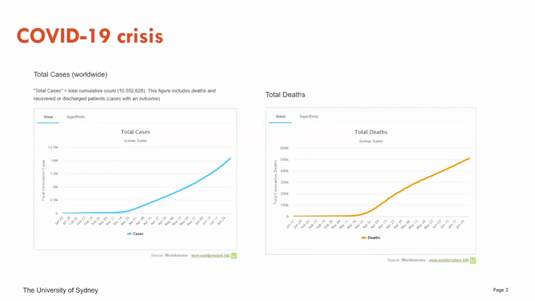This is the COVID-19 crisis. I'm just going to talk about trying to resolve uncertainty with regards to pandemics and how we're doing with COVID-19. So you'll know that as of today, we are up to 10 million cases across the world confirmed to be infected with COVID-19.